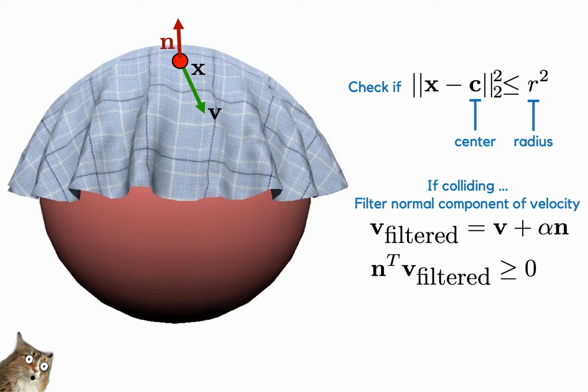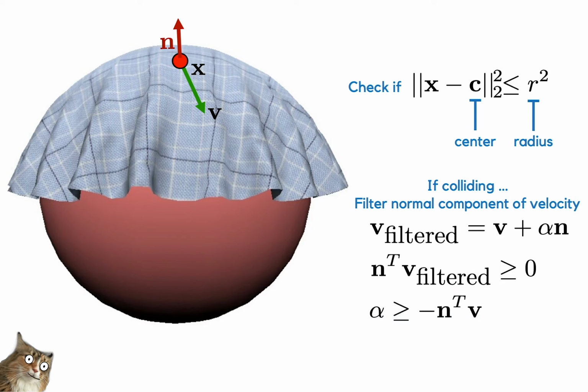Mathematically, we can formalize this by specifying that our filtered velocity will be our original velocity plus a perturbation alpha along the sphere normal. We know that our filtered velocity should be moving away from the sphere, or that the projection of the final velocity onto the sphere normal should be greater than or equal to 0.